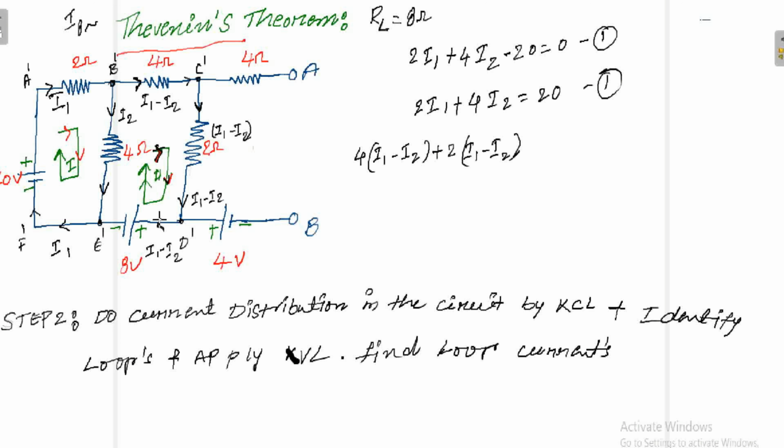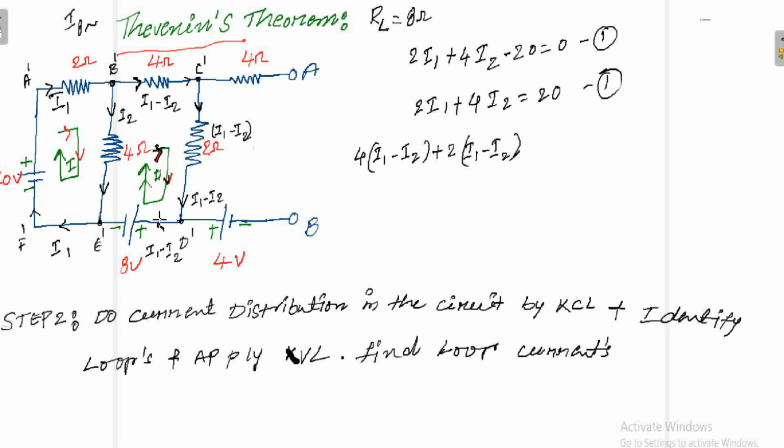So plus 8. Next, E' to B'. We have a 4 ohm resistor, and our loop direction is upward, but the actual current flowing is downward, in the opposite direction. So minus 4 into I2, which is equal to 0.